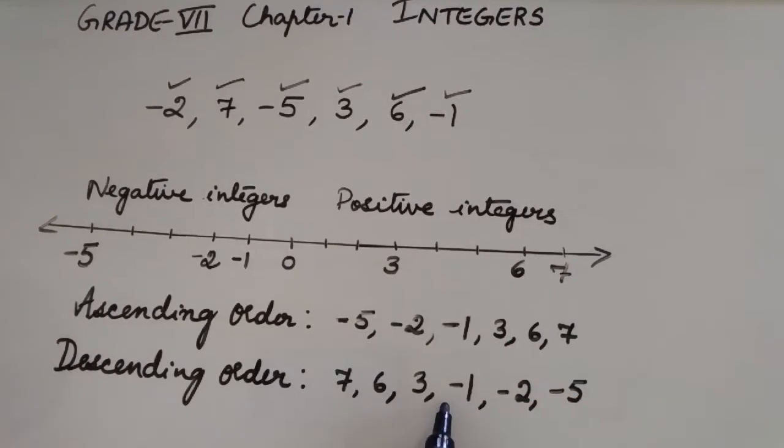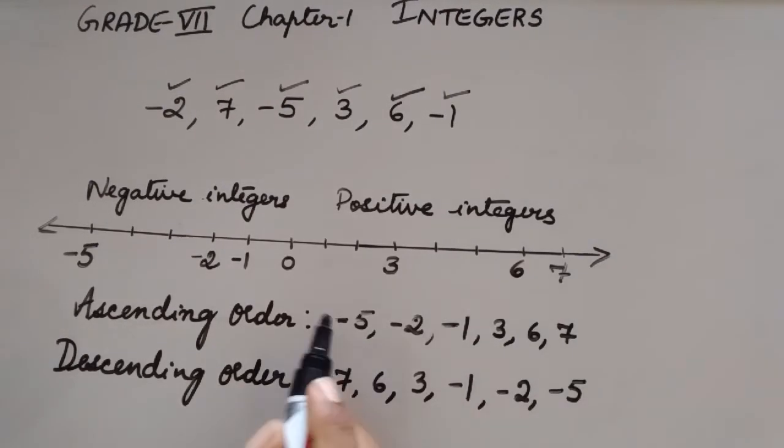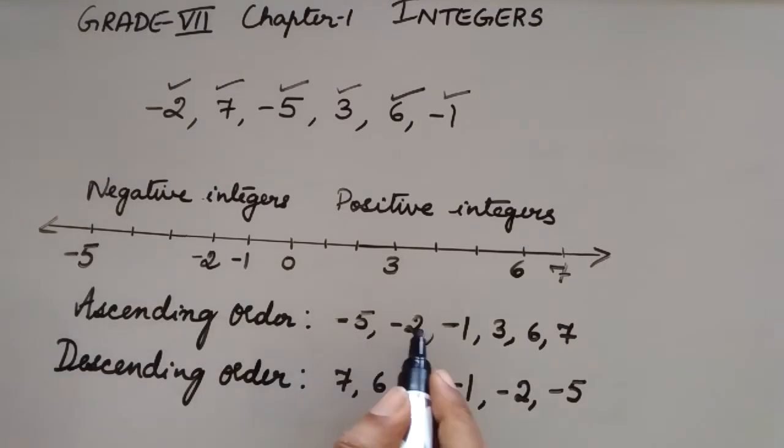So here minus 1 is greater than minus 2 and minus 2 is greater than minus 5. What do you mean by minus 2 is greater than minus 5? That means minus 5 is less than minus 2. Is this clear, students? Okay.